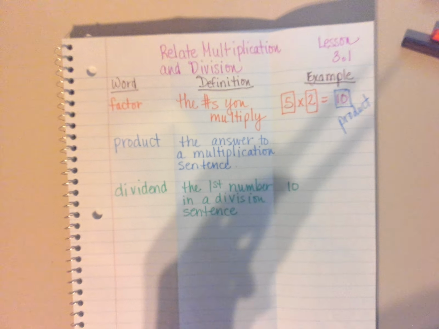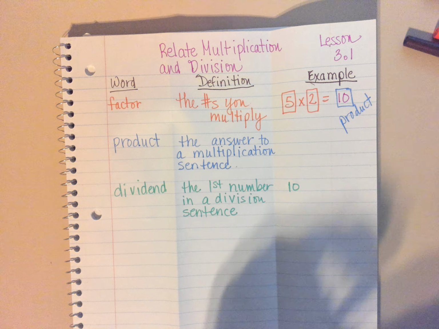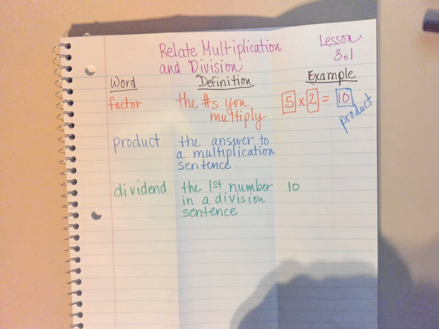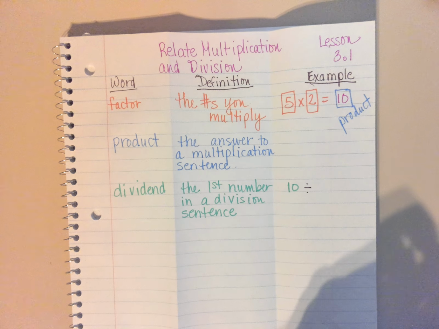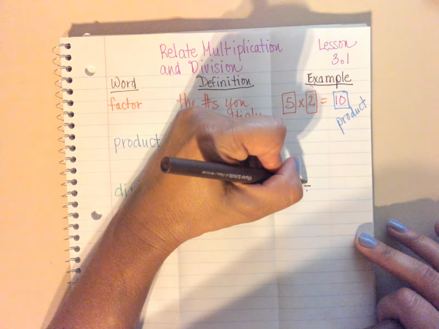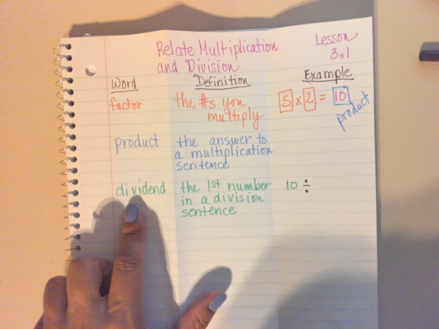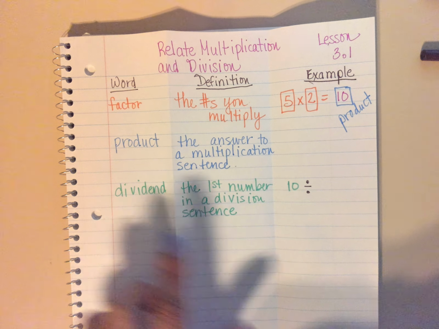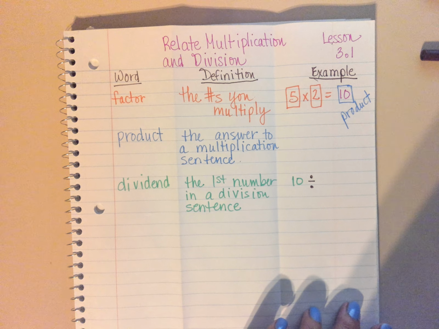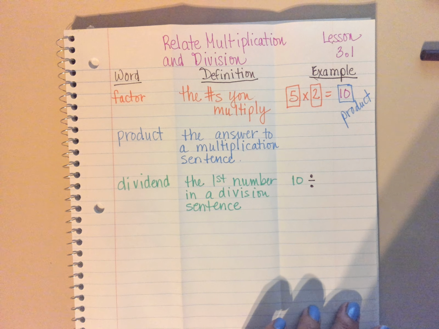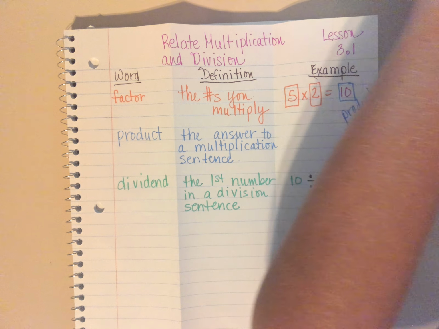I'll start with my example. That very first number, that 10 that we've got there, is the dividend. Okay. The number being divided by the dividend is the divisor.